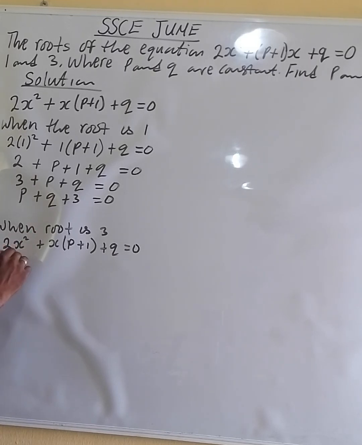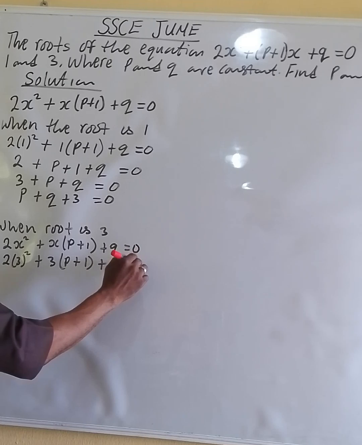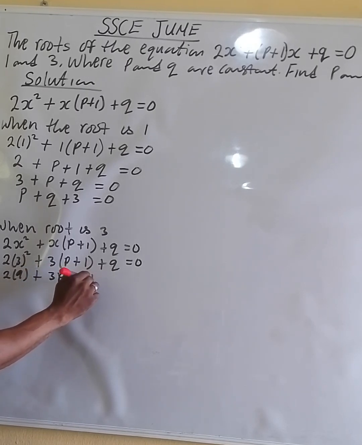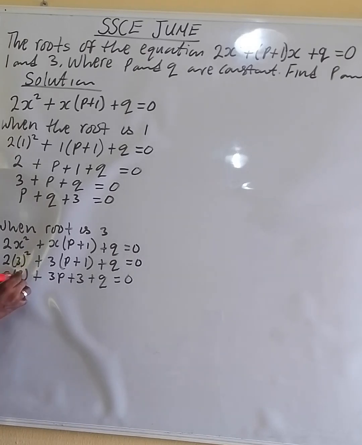So we have 2 into 3 squared plus 3 into (p plus 1) plus q equals 0. 3 raised to power 2 means 3 times 3. So that will give us 2 into 9 plus 3 times p, 3p, plus 3 plus q equals 0.